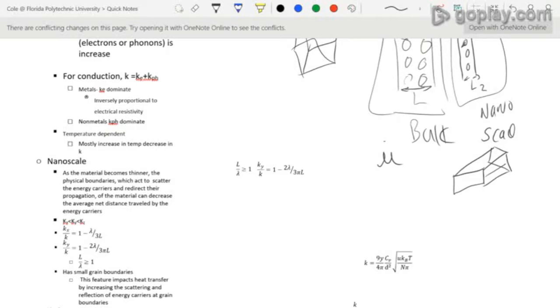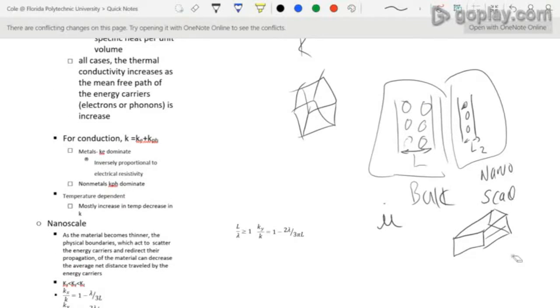As you see right here, this can represent the bulk material, and this can represent the nanoscale material. This is Y, and that is X in both pictures. And as you can tell, this one is bigger and this one's smaller.